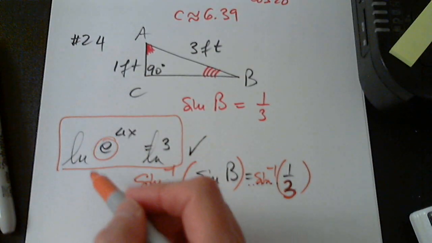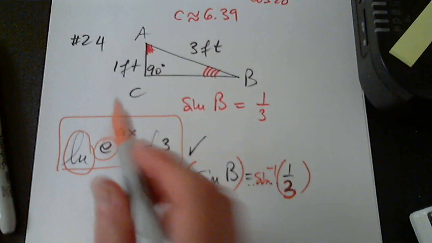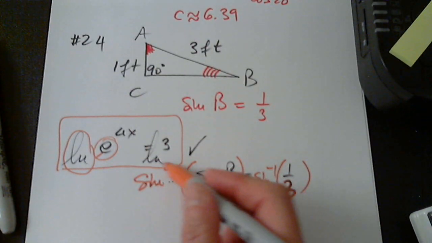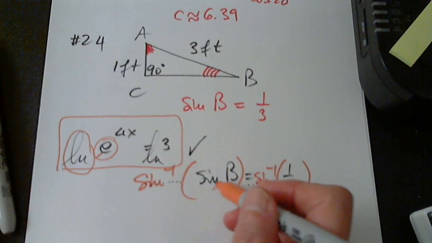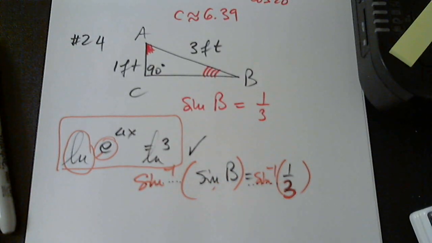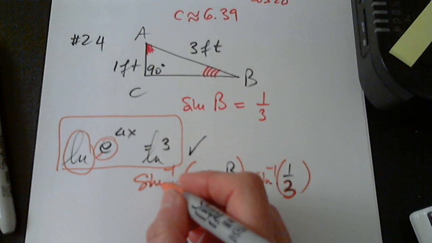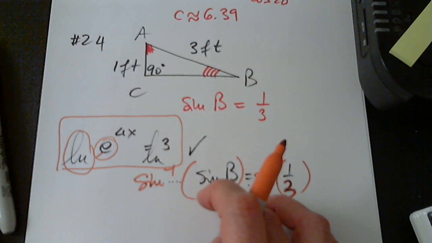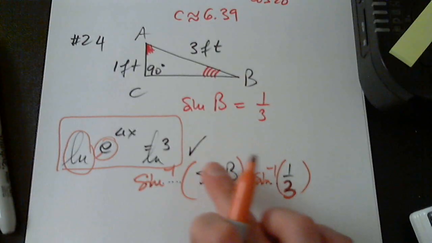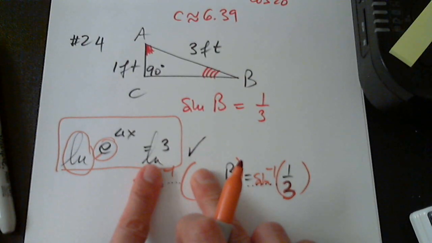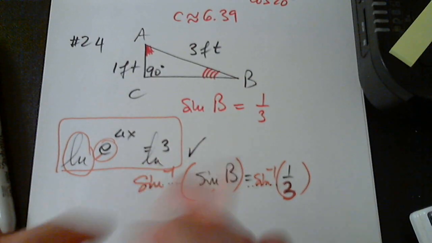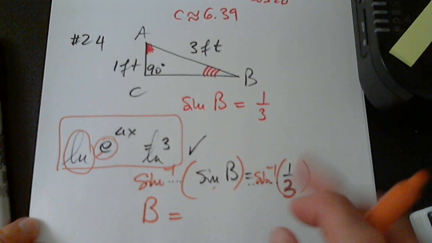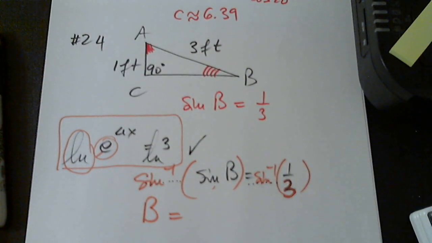We had this function, we had to choose and apply the inverse of it. I cannot apply cosine because cosine inverse is not the inverse of sine. If I had cosine, I would have applied cosine inverse. Good. So then angle B equals sine inverse of 1/3.